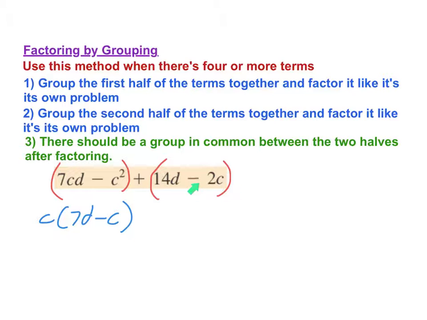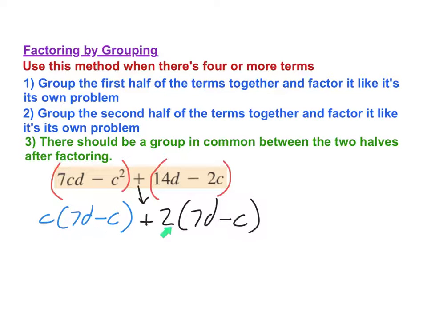What is in common between 14d and minus 2c? 2. So I'm going to factor out a 2 and I'm going to make it plus 2. So that plus is coming down. If it was minus, I guess we'd pull a minus out. When I divide that, I'm left with 7d minus c. Now this looks like one of the problems that you did for homework for today.